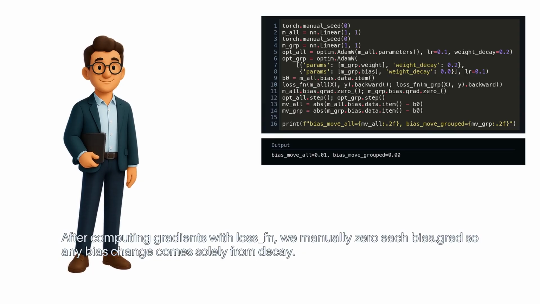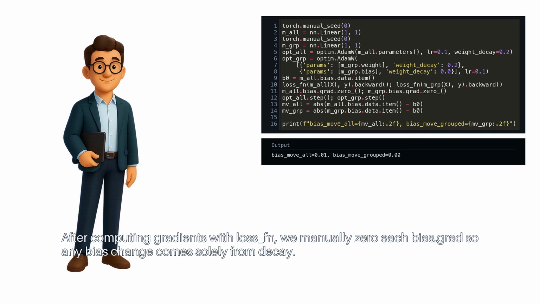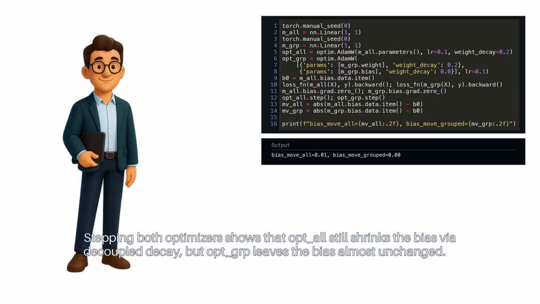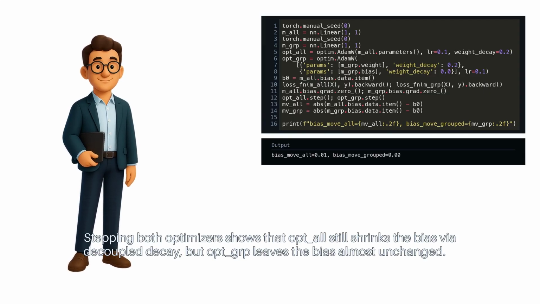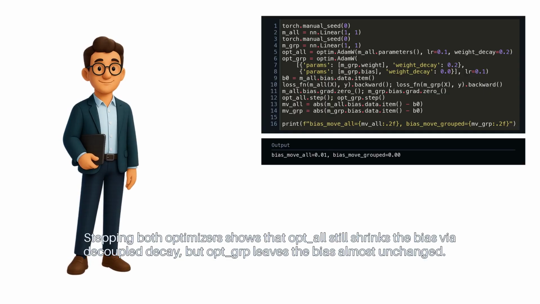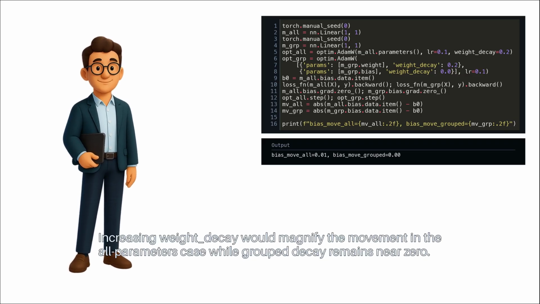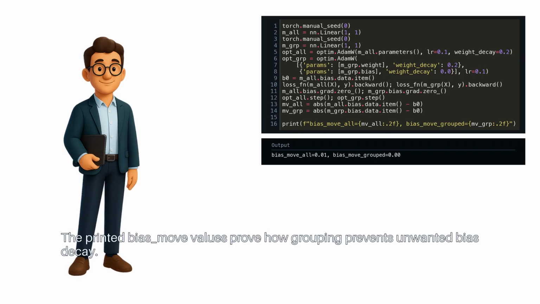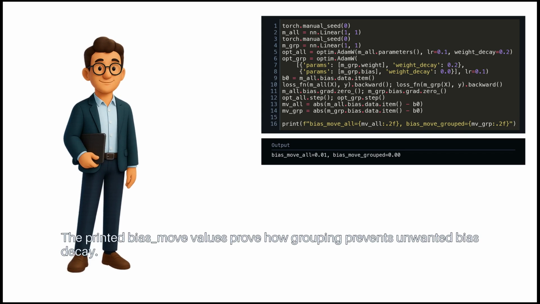After computing gradients with loss_fn, we manually zero each bias grad, so any bias change comes solely from decay. Stepping both optimizers shows that opt_all still shrinks the bias via decoupled decay, but opt_group leaves the bias almost unchanged. Increasing weight decay would magnify the movement in the all parameters case, while grouped decay remains near zero. The printed bias move values prove how grouping prevents unwanted bias decay.